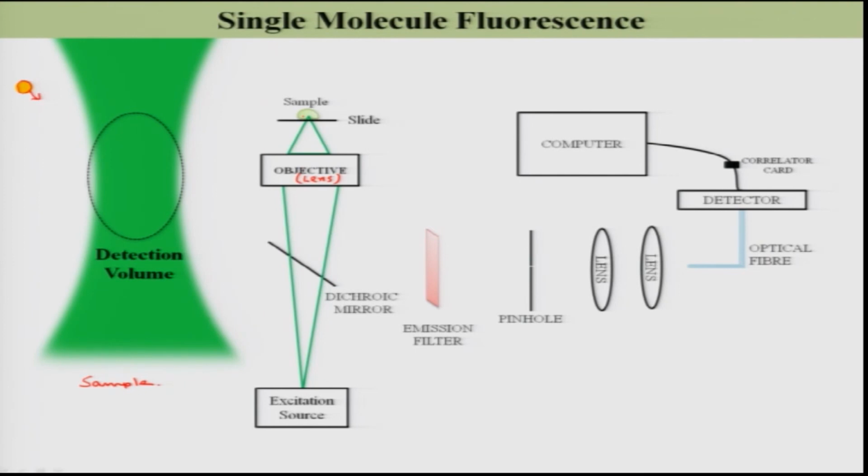When the molecule enters this region, you get fluorescence, and when the molecule goes out of this excitation region, there is no fluorescence. But when the molecule comes in again, it shows fluorescence again, and so on and so forth.